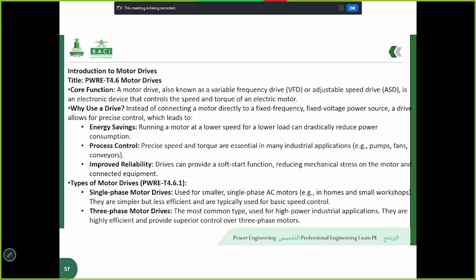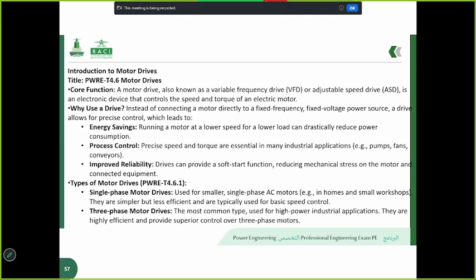voltage and frequency. The primary motivation for using a motor drive is the significant benefit it provides in terms of energy savings and process control. Many industrial applications such as pumps and fans have a variable load.